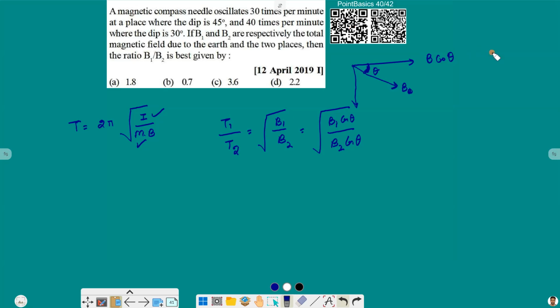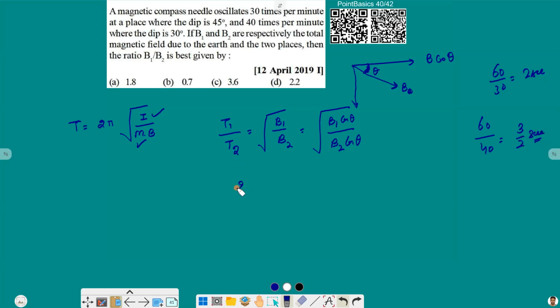Now coming to the time periods, for the first case the oscillations are 30 times per minute. So in a minute, it oscillates 30 times. So we can say one oscillation takes 2 seconds for the first case, and for the second case there are 40 oscillations per minute. So one oscillation takes 3 by 2 seconds.